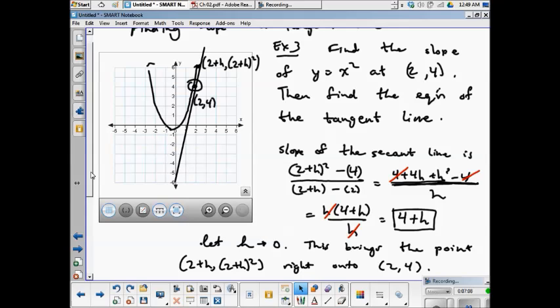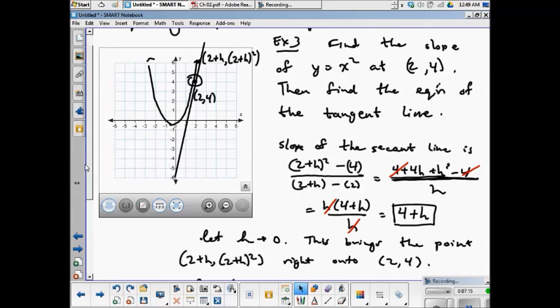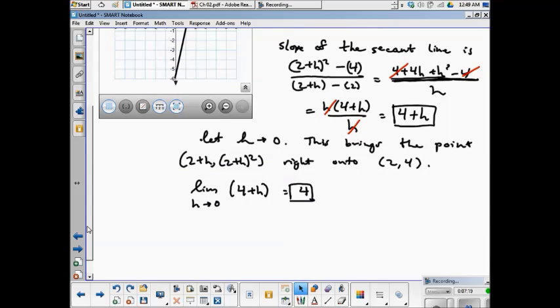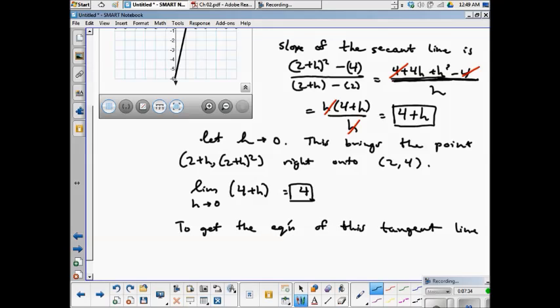I wonder what the equation is. Knowing that it has slope 4 does tell us something, but it would be nice to know what the y-intercept is. To get the equation of the line, we can use my favorite, y minus y1 equals m times x minus x1.